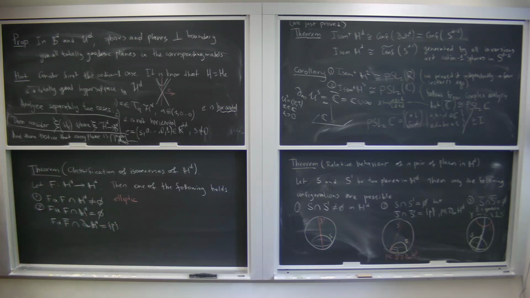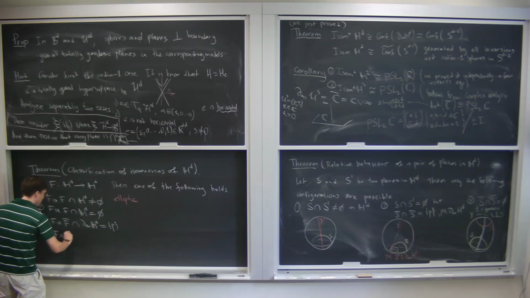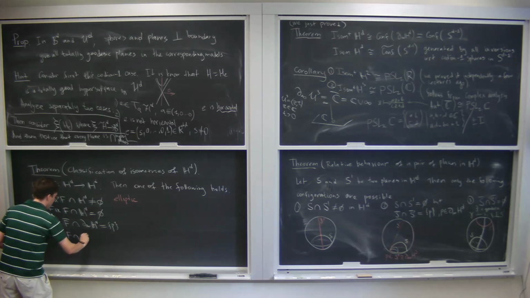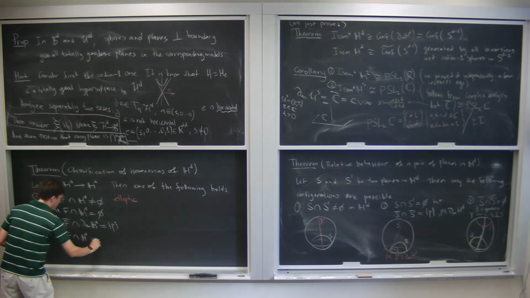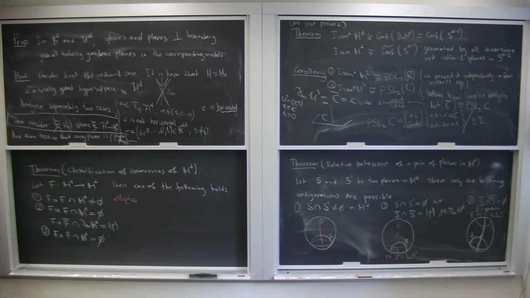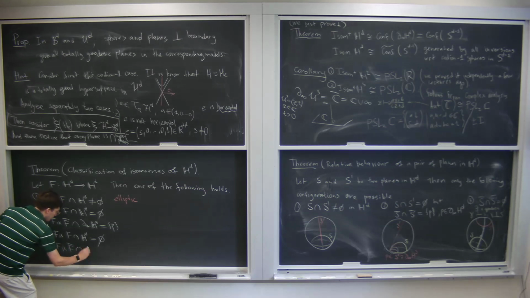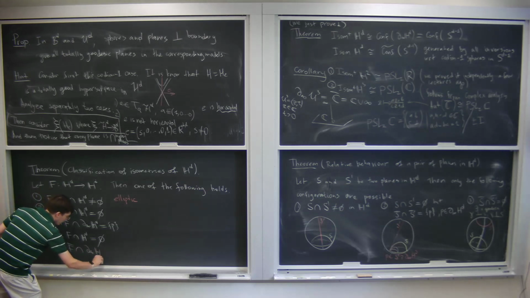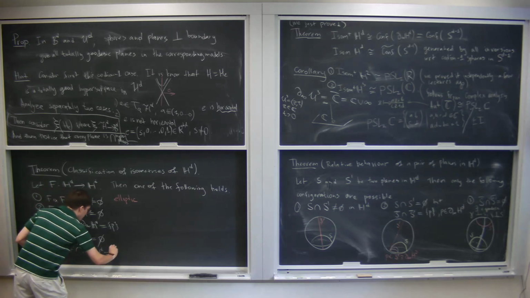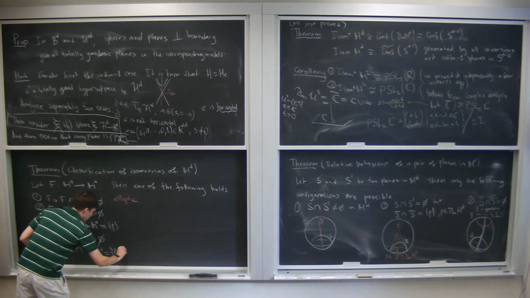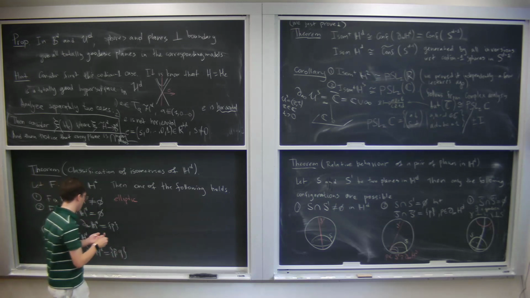The third possible case is that the fixed point set of F itself is still empty in the interior, but we have 2 fixed points of the extended F on the boundary.